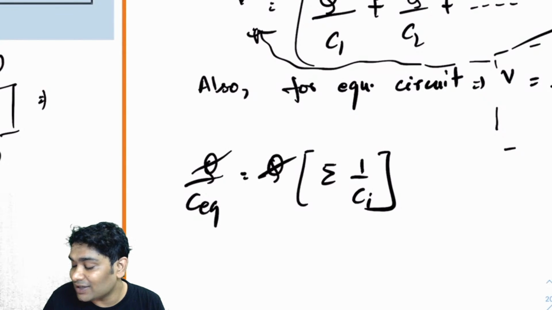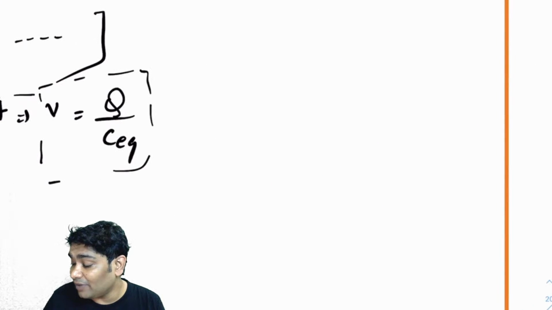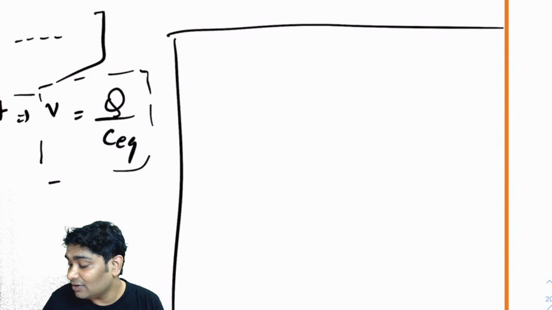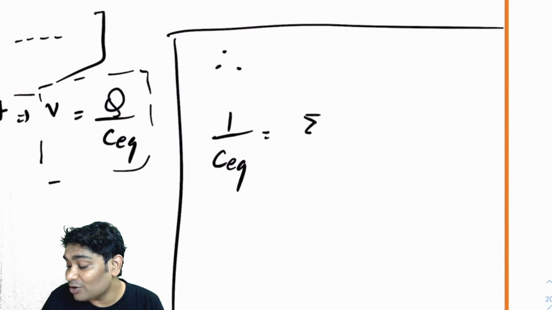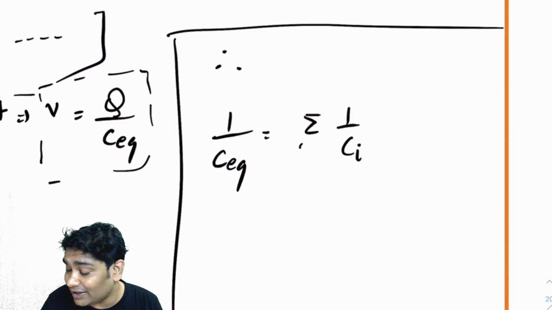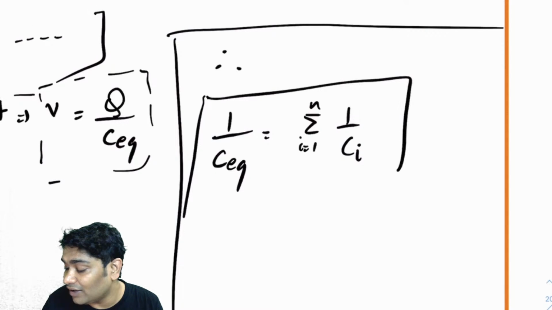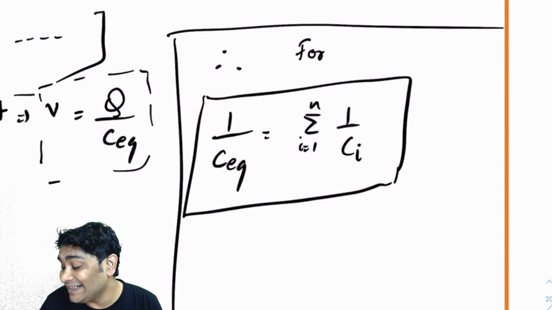Alright, so Q gets cancelled and that is what my final expression is. Therefore, 1 over C equivalent is summation of 1 over Ci, where if n capacitors were connected, then i equals 1 to n. This is what your equivalent capacitance formula is for series combination.